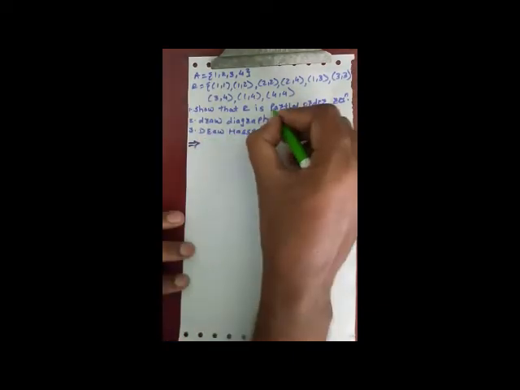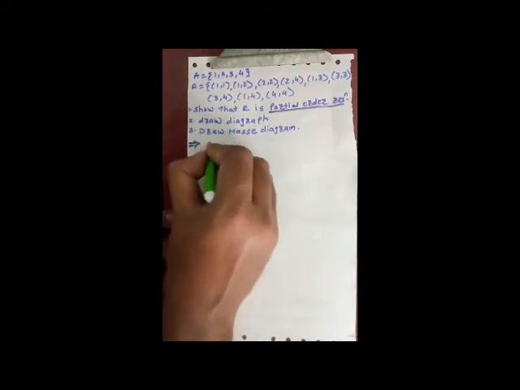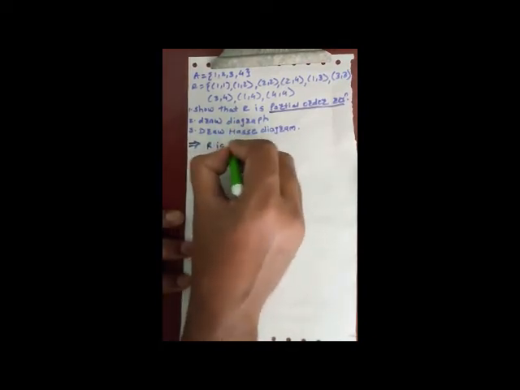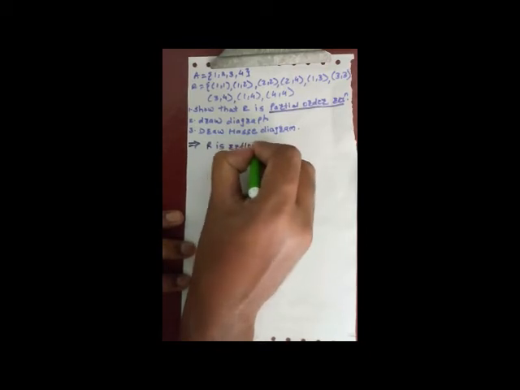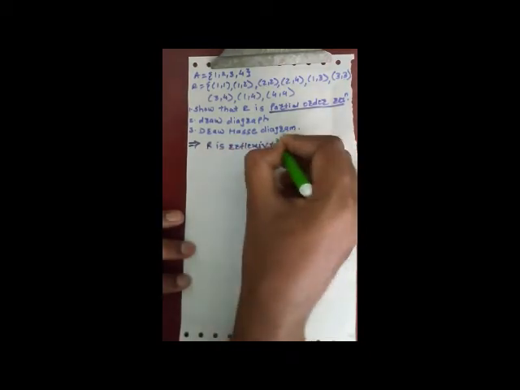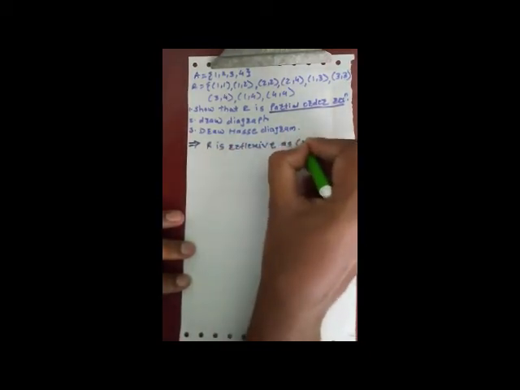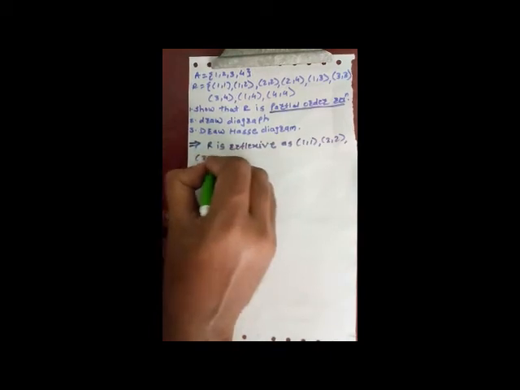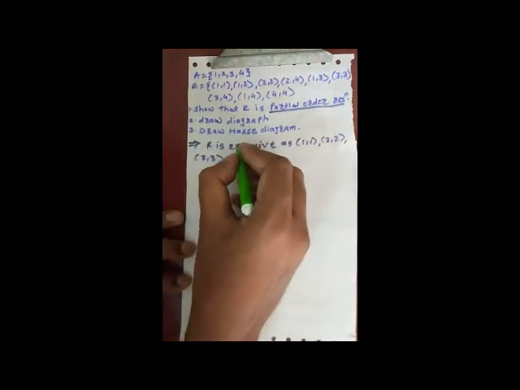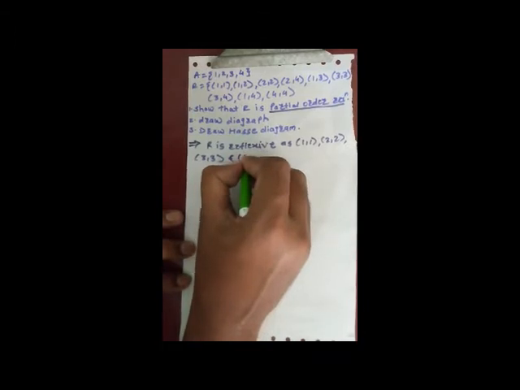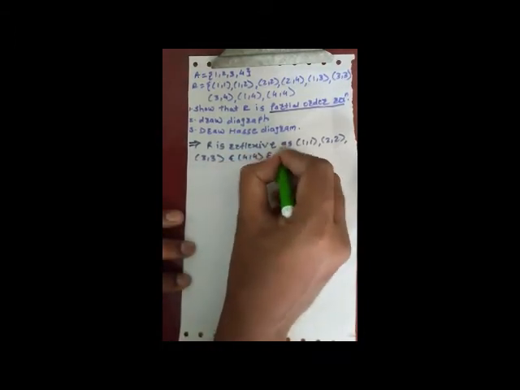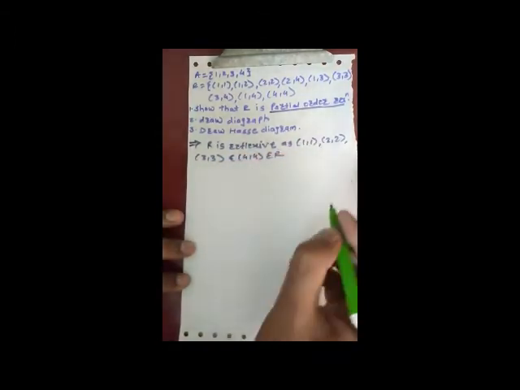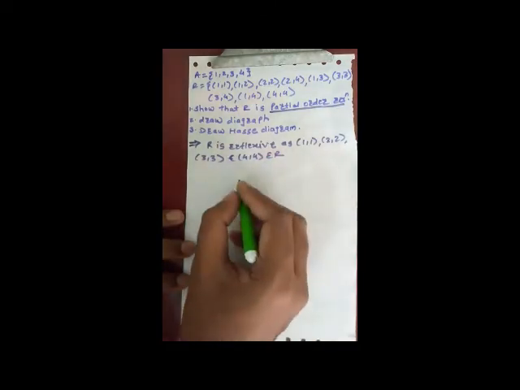So for a partial order relation, R is reflexive, as (1,1), (2,2), (3,3), and (4,4) belong to R. So R is reflexive.